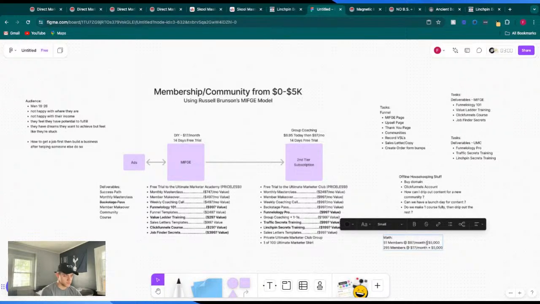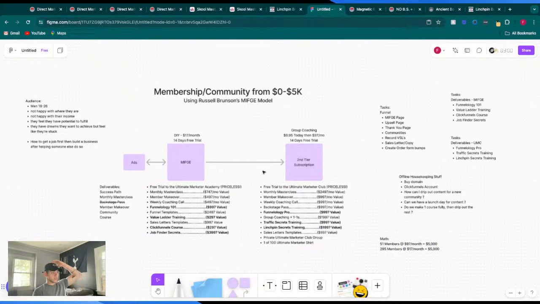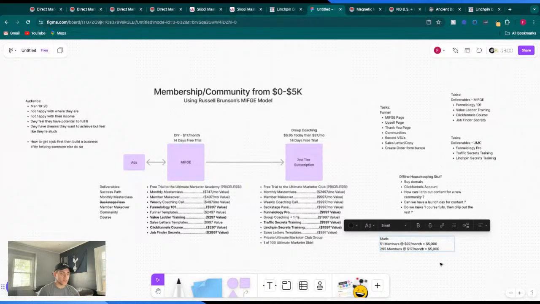So obviously the goal is not to be getting only 51 members, it's 5K from the entire funnel as a whole.